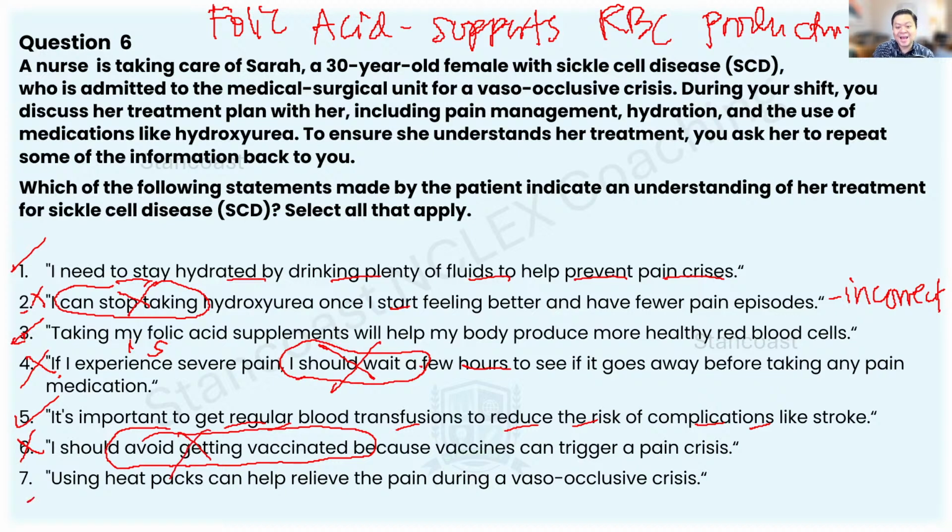What about number 7? Using heat packs can help relieve the pain during a vaso-occlusive crisis. What did I say about the heat application? It will not prevent, but alleviate, I should say, relieve the pain during a vaso-occlusive crisis.